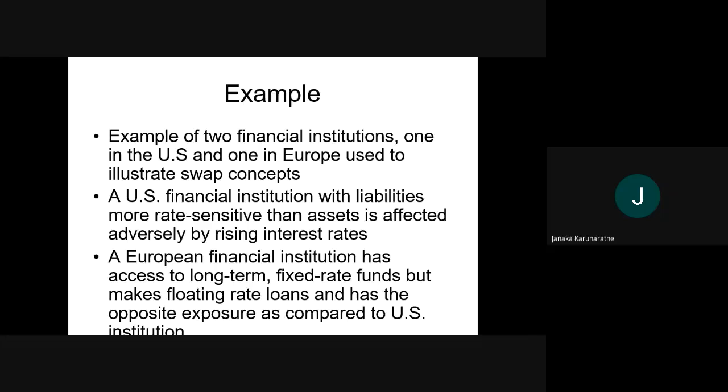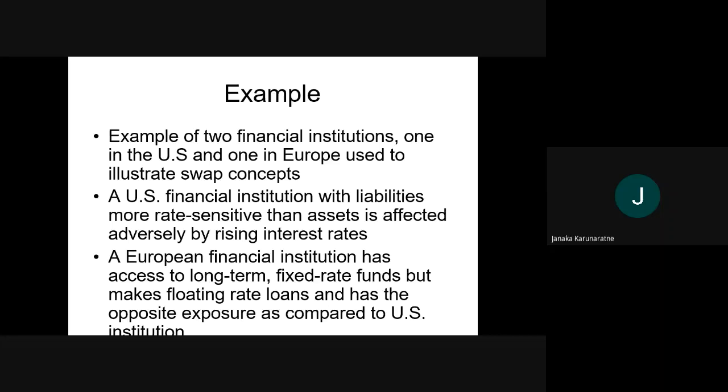But let's take an example: a US financial institution with liabilities more rate sensitive than assets is affected by rising interest rates. So if a particular US financial institution has more rate sensitive liabilities than assets, what happens? If the interest rate rises, they will be at a disadvantage.